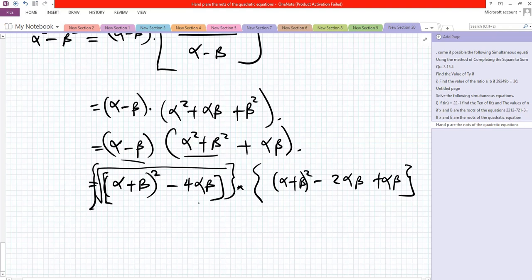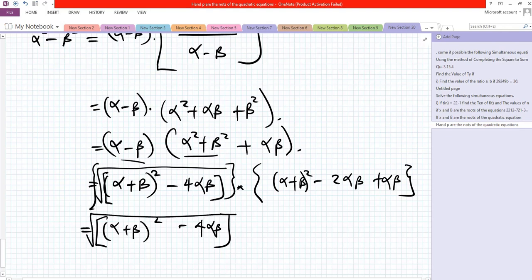Now this will boil down to alpha plus beta all squared minus 4 alpha beta, then the square root of all this, times alpha plus beta all squared minus alpha beta.